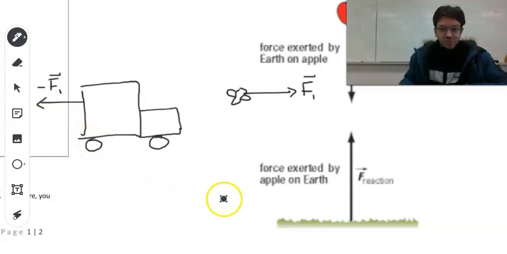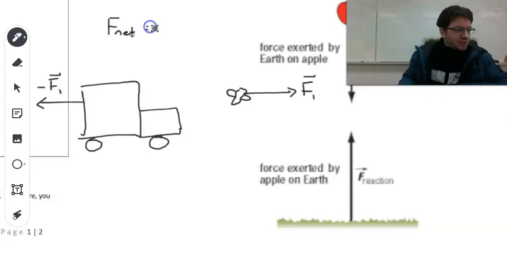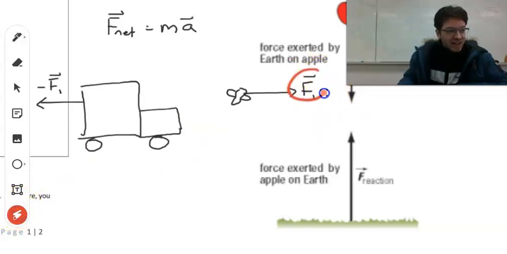Okay, I'm going to remind you of Newton's second law. So Newton's second law says that the net force acting on something equals its mass times its acceleration. Alright, so in this case, if we're looking at the bug, and this is the only force acting on the bug, then we can say F1 is the net force.